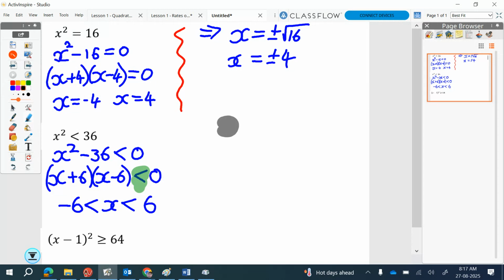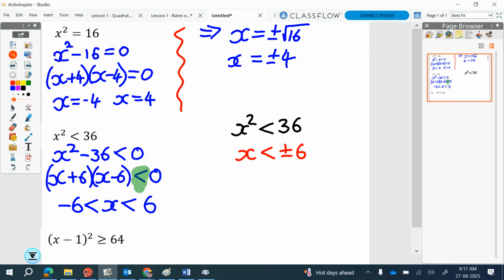So if we have x squared is less than 36, we take square roots of both sides. This line is incorrect. It is incorrect to write this. It's not possible.